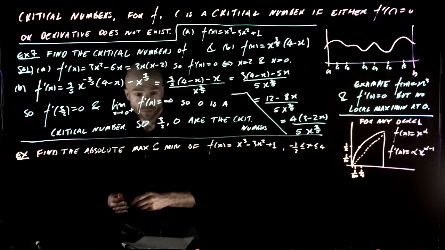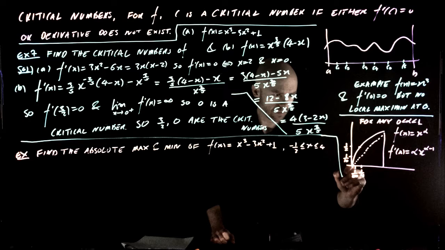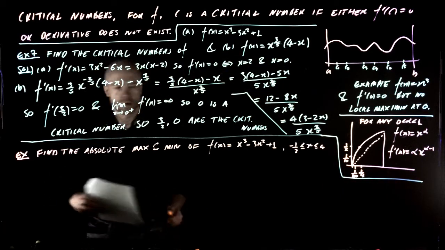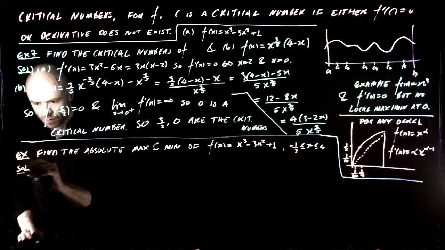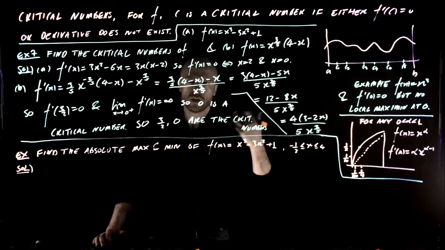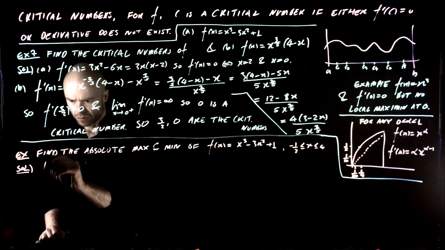Okay, let's see. All right, so solution. This guy is a perfectly nice differentiable function, so the critical numbers are only where the derivative is 0, so let's just calculate the derivative.